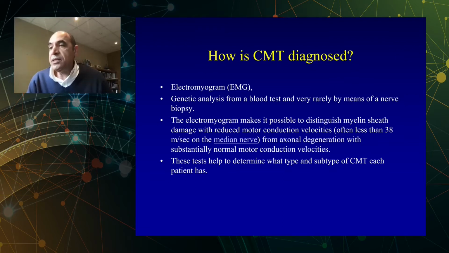So these tests, as I told you, help to determine what type and subtype of CMT each patient has. And of course, the diagnosis is performed by genetic analysis from a blood test, and very rarely, at least in France, very rarely we perform biopsy.